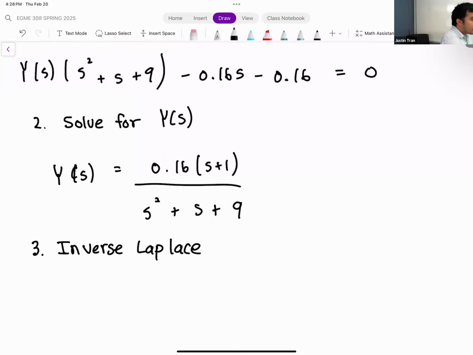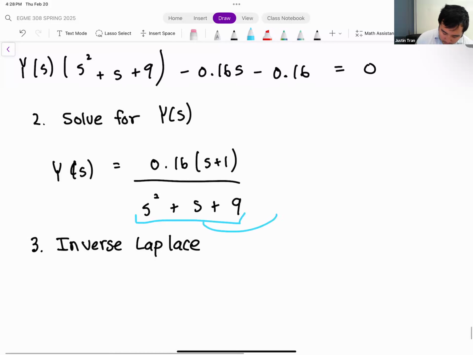But we come to an interesting situation here because we have a denominator, s squared plus s plus 9. That is a quadratic function, but it doesn't quite match up with anything that we have in the table, nor can we take a partial fraction of this. So this is a quadratic function not in the table.